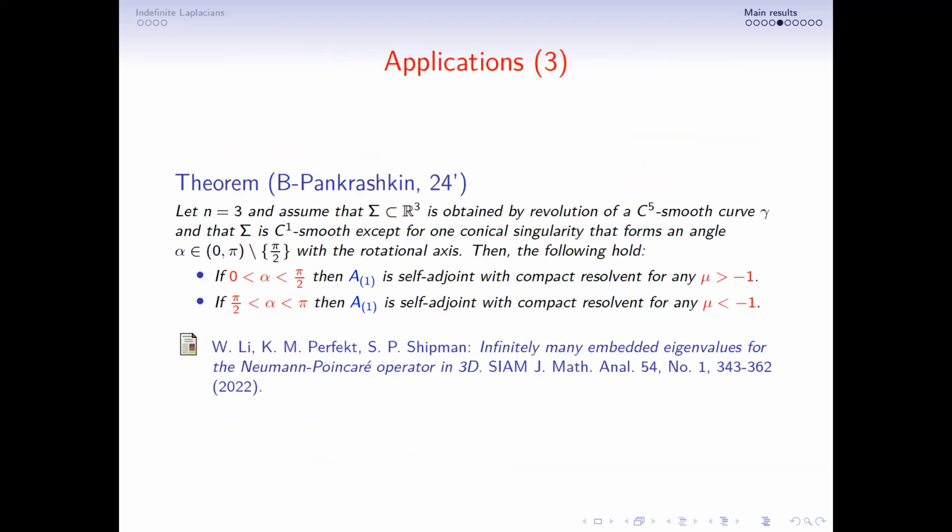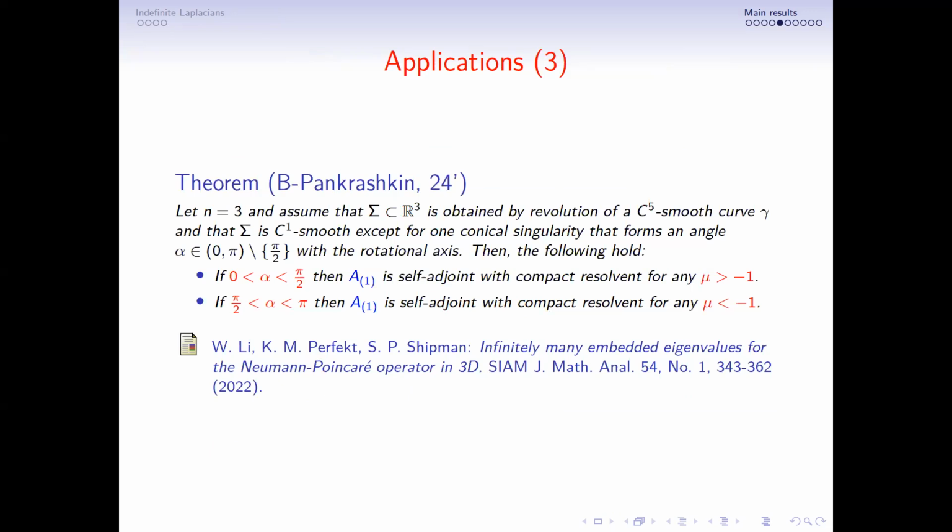Okay, so the last application is in 3D. We assume that we can obtain our sigma by a revolution of a smooth curve, and we suppose that our sigma is smooth except at one conical point where we have a singularity with angle alpha in this range.